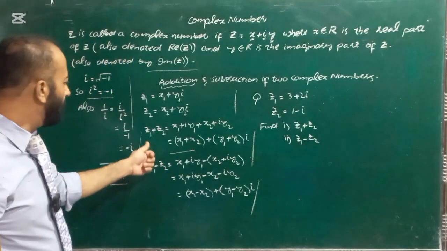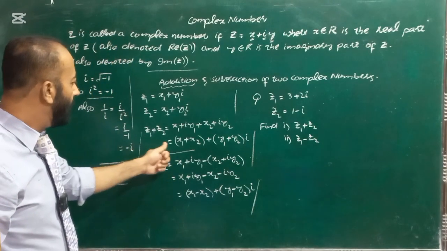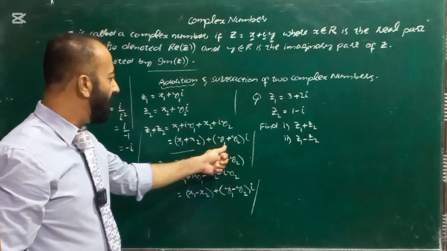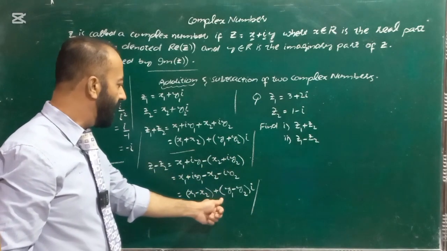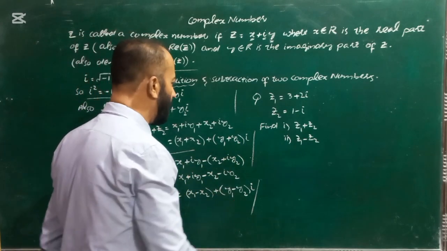You can see from the concepts that real parts will be added and imaginary parts will be added. Likewise, real parts will be subtracted and imaginary parts will be subtracted.